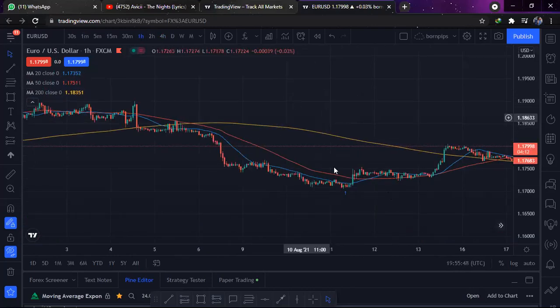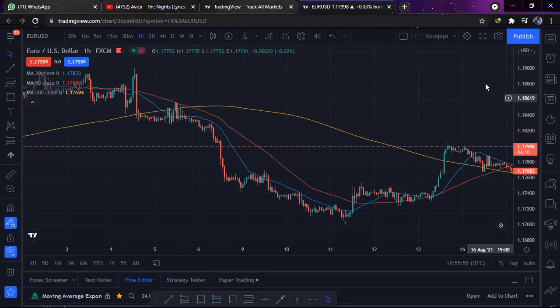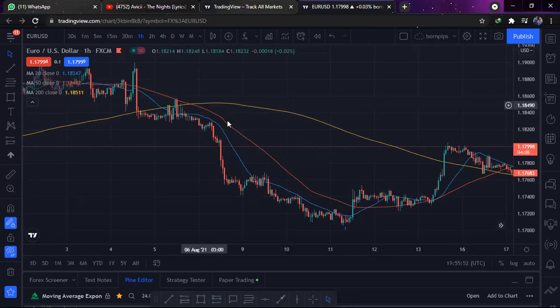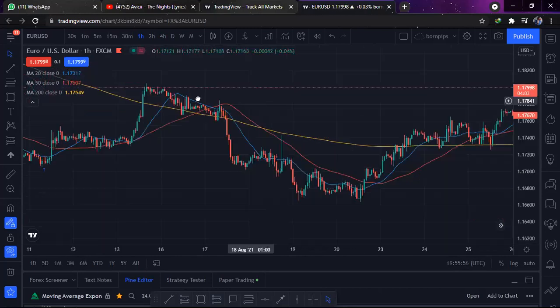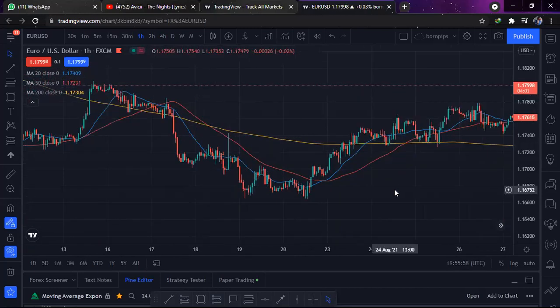So on a 1 hour time frame, you don't have it as clear, even though it gives you some. You need to study it from the higher time frame, get the understanding, get the concept, and then start bringing it lower, lower, lower. Do you get it?